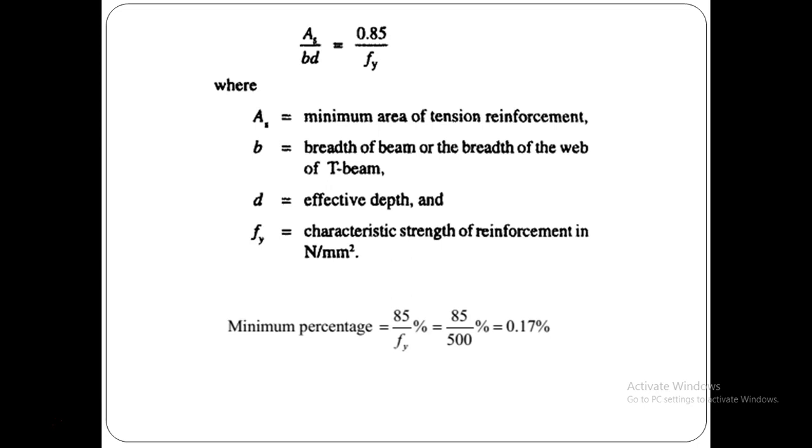minimum percentage equals 0.85. Since we want it in terms of percentage, we have converted it into 85 percentage and 1 by fy, so 85 divided by 500, that is equals 85 divided by fy, and this comes out to be 0.17 percentage.